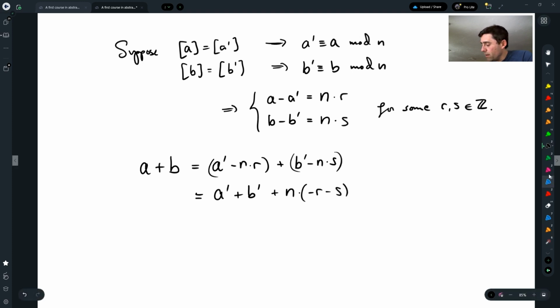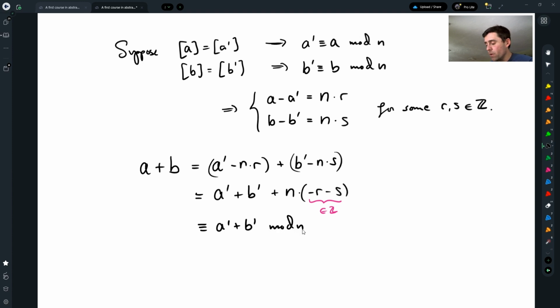But notice that the integers are closed under addition. The integers are closed under inverses, so they have additive inverses. So these are integers, and then I add two integers, I get an integer. Okay, and therefore this is congruent to A prime plus B prime modulo n. So this tells me that the class of A plus B is actually the same as the class of A prime plus B prime, and therefore that's what I want to show, that addition is well defined.